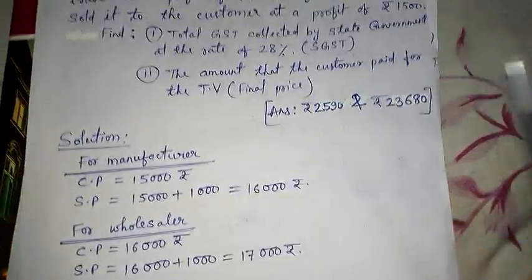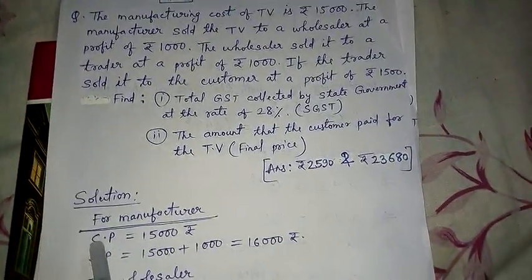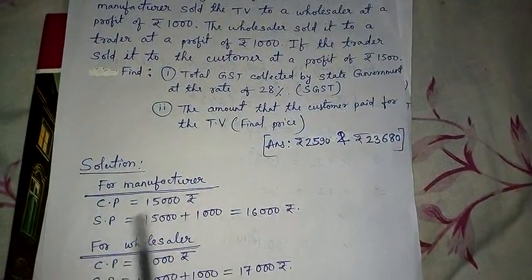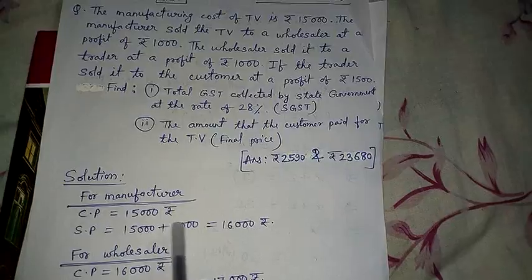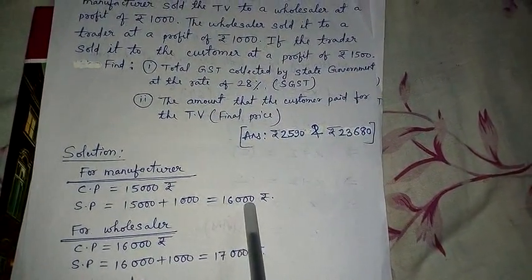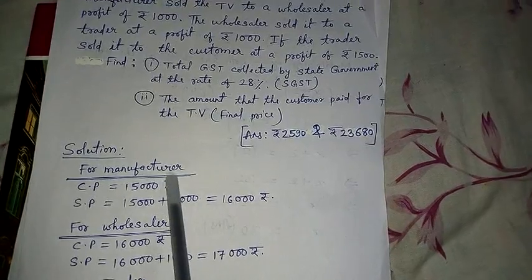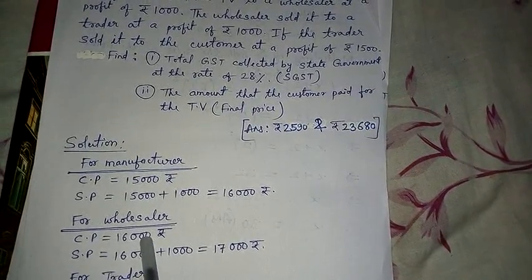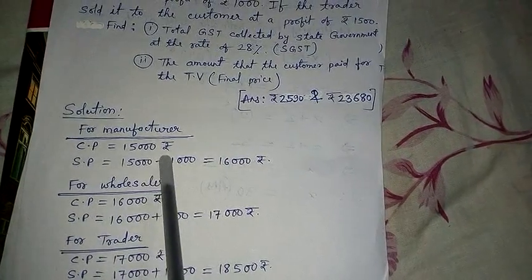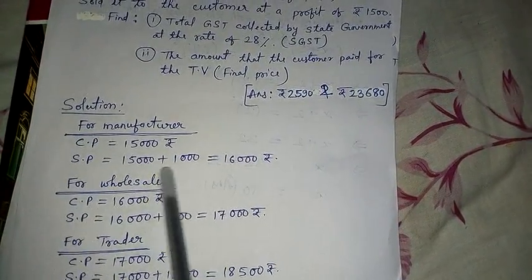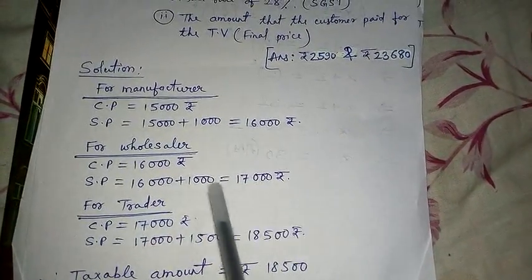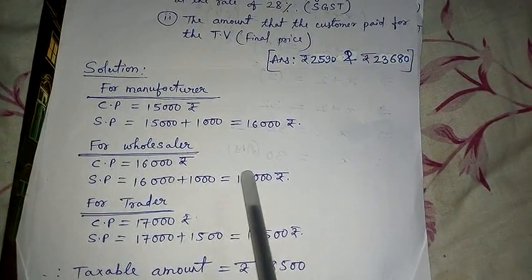Now here for the manufacturer, the CP, cost price, is 15,000, but his selling price is 15,000 plus 1,000, because he keeps a profit of 1,000. So his selling price is 16,000. Now he is selling to the wholesaler. So for the wholesaler, cost price will be 16,000, because the selling price of the manufacturer is the cost price of the wholesaler, and the wholesaler also kept a profit of 1,000. So 16,000 plus 1,000 is 17,000.